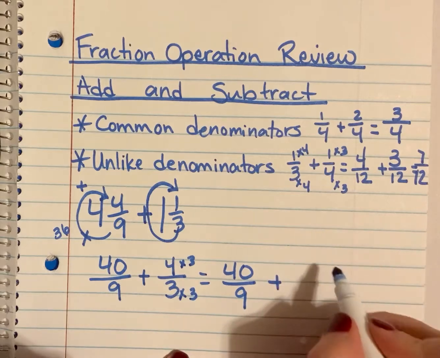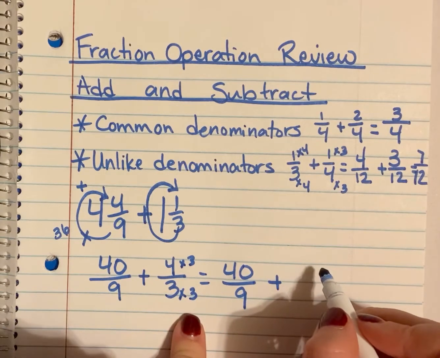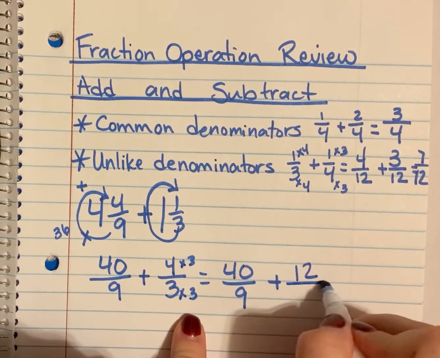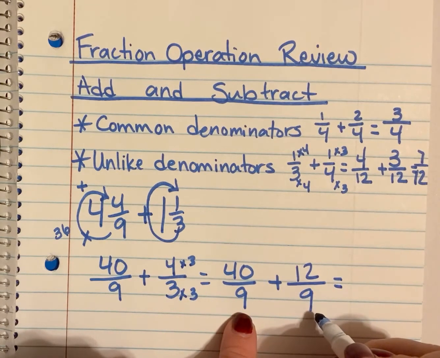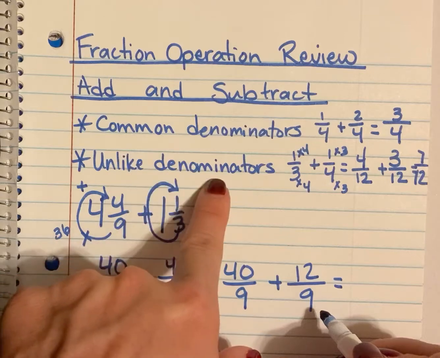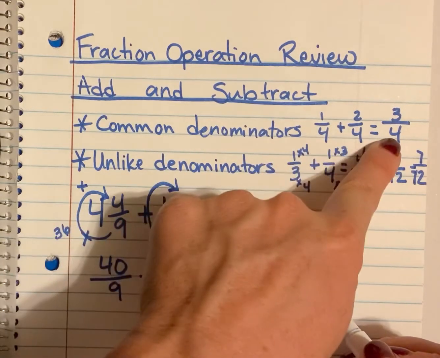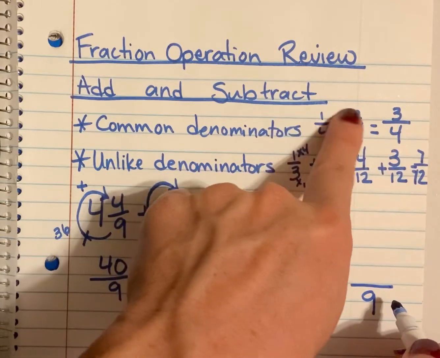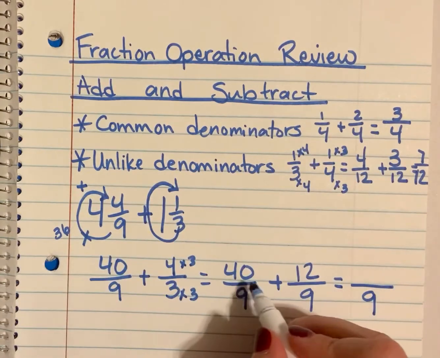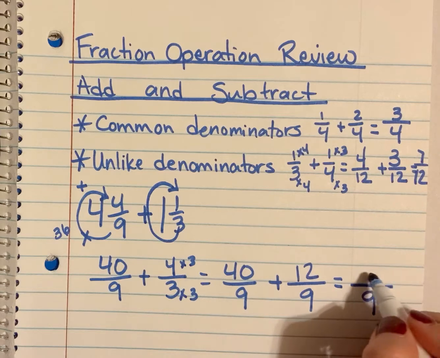When I change this fraction, it becomes 12/9. Now, I have a common denominator. I have like denominators, so I can go back to this rule, keep the denominator the same, and add the numerator straight across. 40 plus 12 is 52.